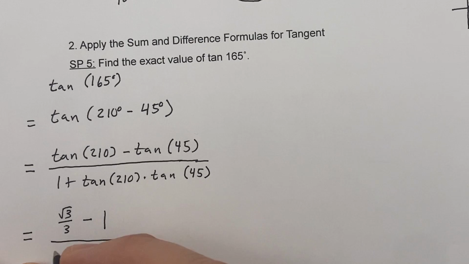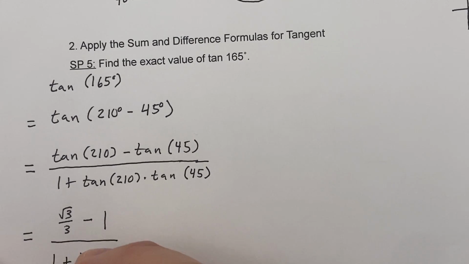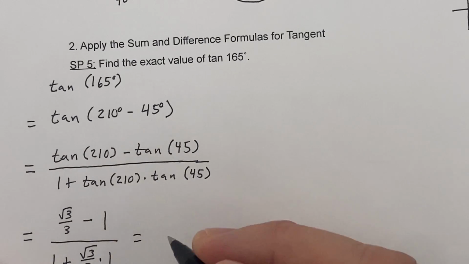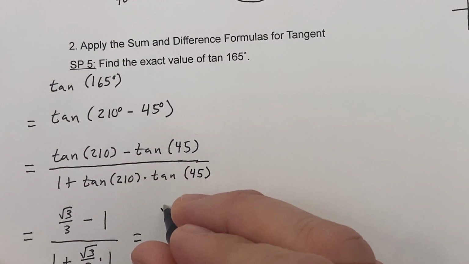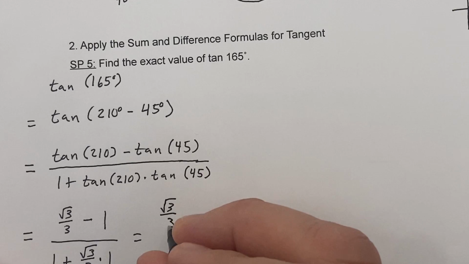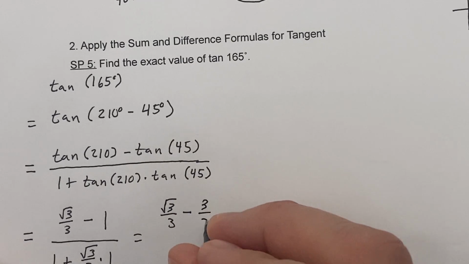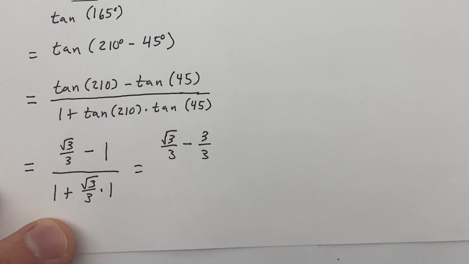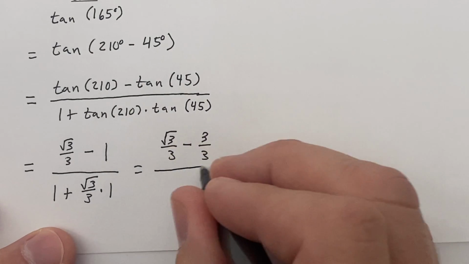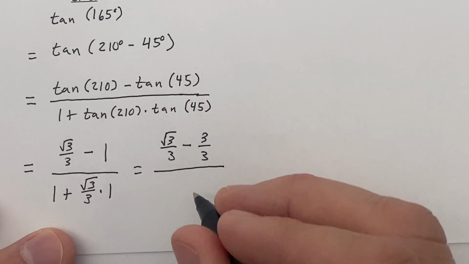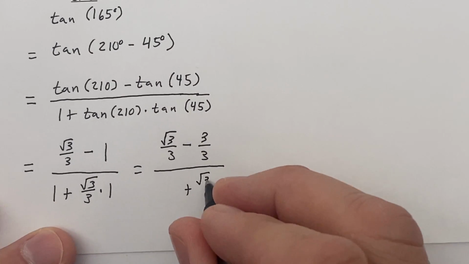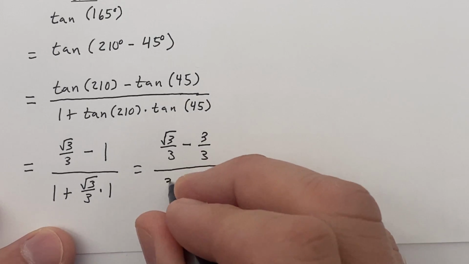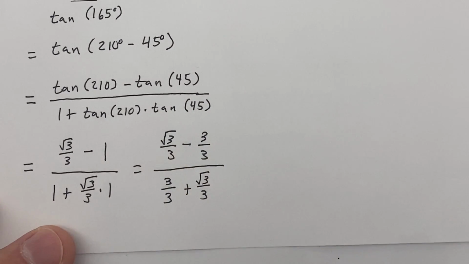Yep. So the denominator is 1 plus square root of 3 over 3 times 1. That'll be pretty simple for us. The numerator is where a lot of our work is going to be. That times 1 is that, and 3 over 3 to get our common denominators.